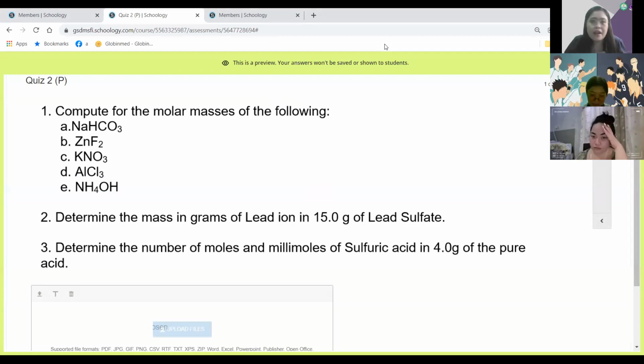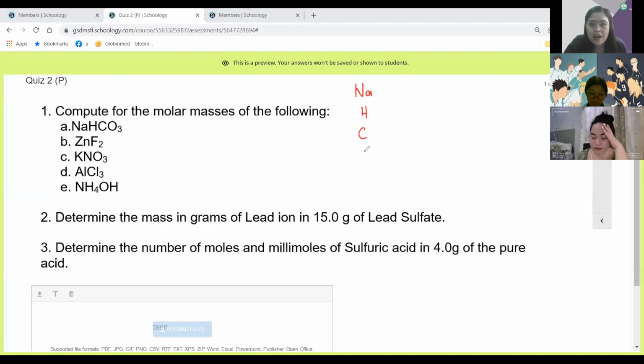So for letter A, you have there sodium bicarbonate. Remember, when you compute for the molar mass, you just have to identify the elements that are present in the compound, as well as how many atoms of each element are present. So we have number 1 again, sodium bicarbonate.